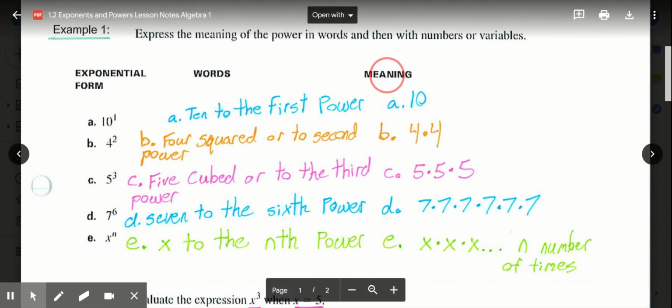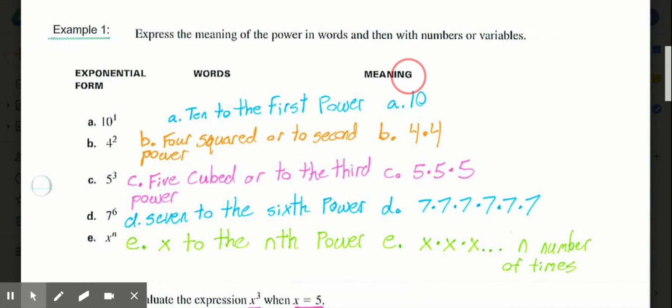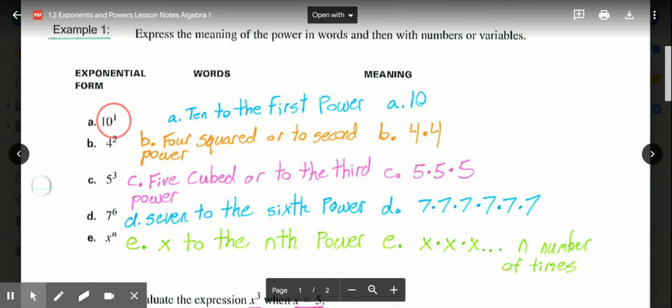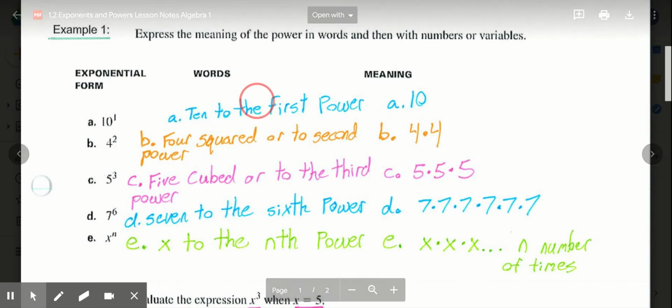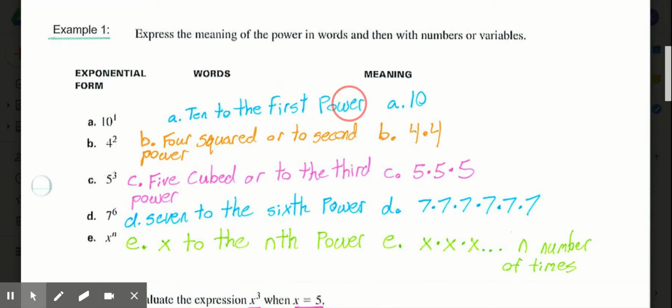Then the meaning of it, the mathematical meaning, you'll see in this far right column. So 10 as a base, exponent of 1, we would read that as 10 to the 1st power. And what that means is simply the number 10.